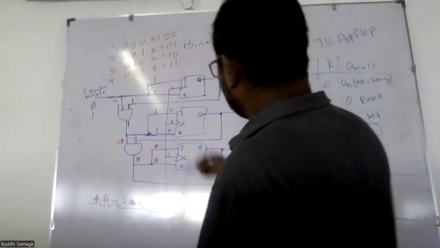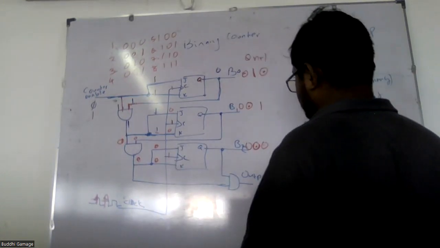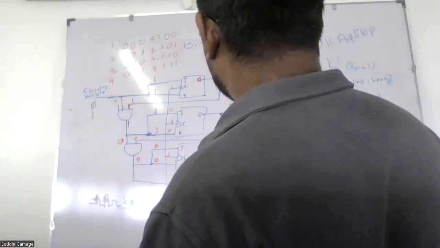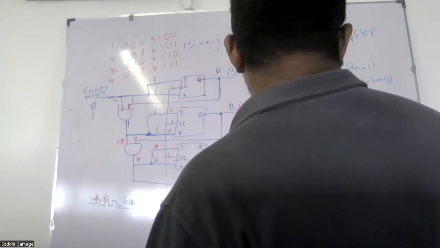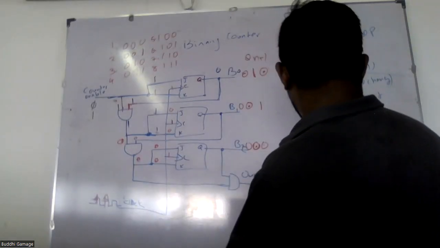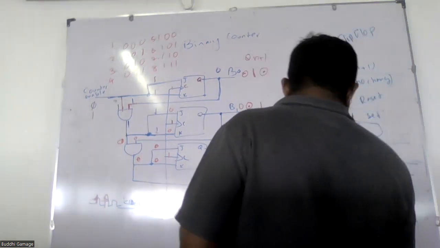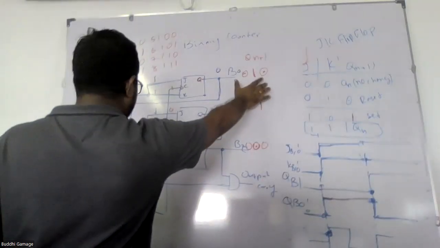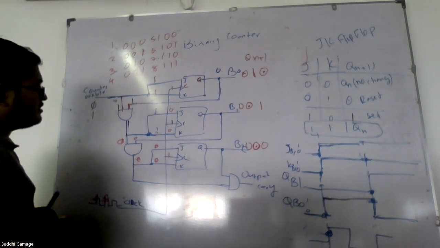So after this particular tick, the whole one is going to stay, right? The ones. So this is changed to 0. This is changed to 0, right? Here it is changed to 0, right?